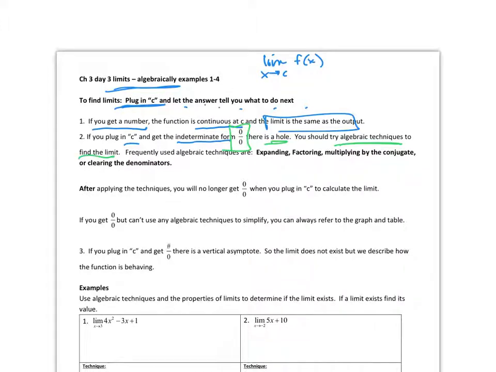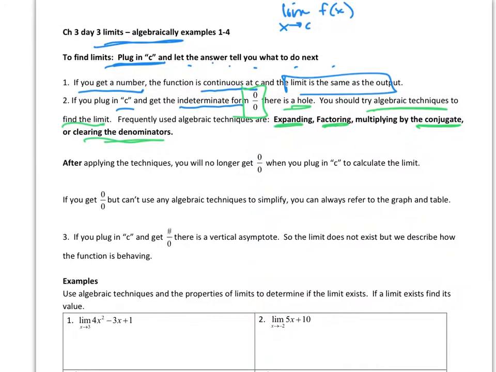These would include possibly expanding, factoring, conjugates, and clearing denominators. This is when all of that practice from Algebra 2 and pre-calculus that we've already done this year really gets ready to help us. After applying this and we no longer get 0 over 0, you plug the value into what you are left with and you get the limit.